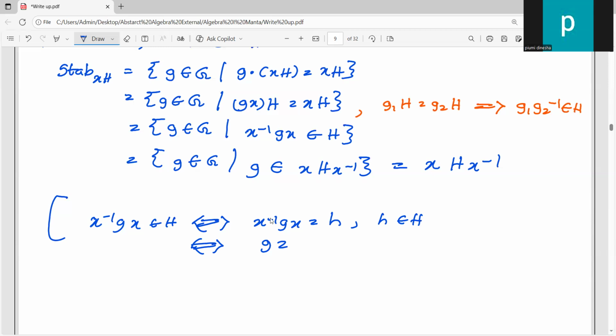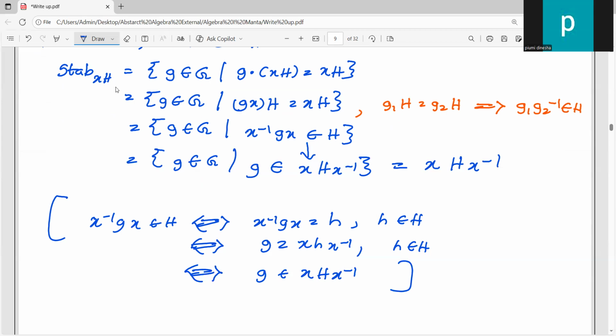So by taking left multiplication by x and right multiplication by x inverse, we see that g is in fact xhx inverse, where h is an element in H. What does it mean? g is an element in xHx inverse. This is why we simply come from here to here.